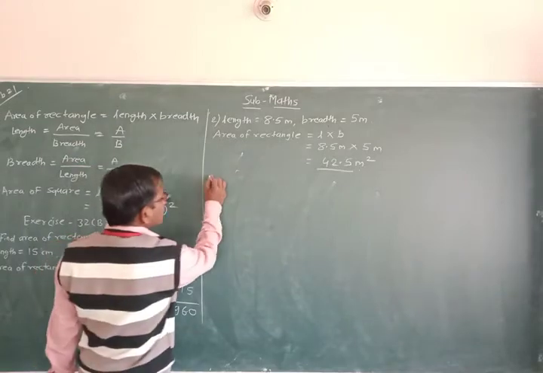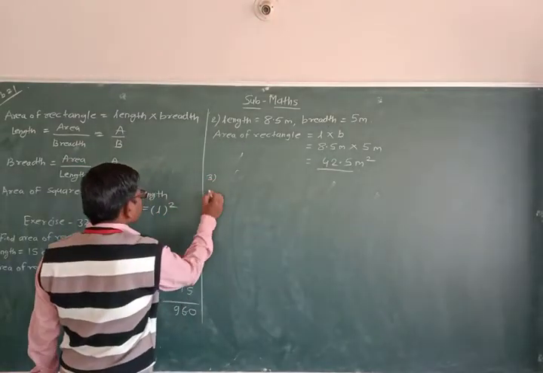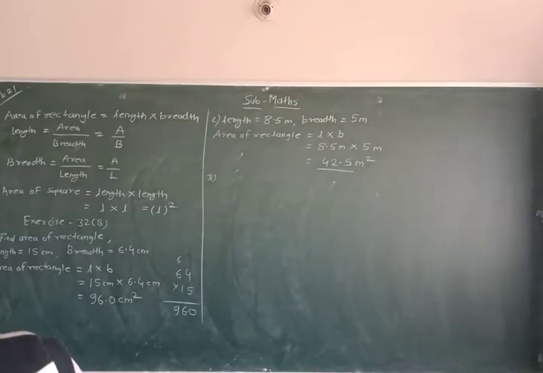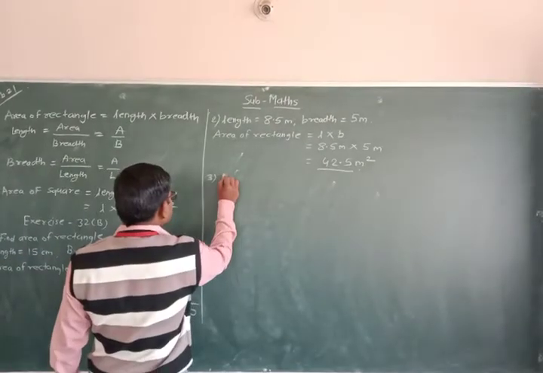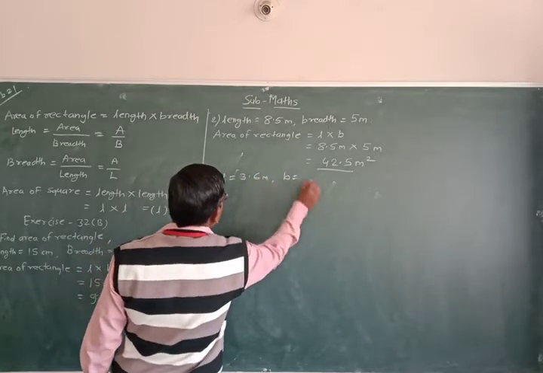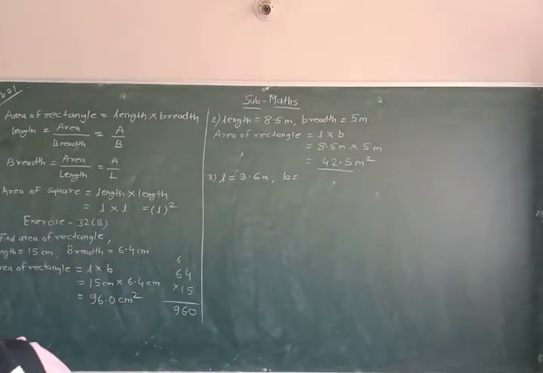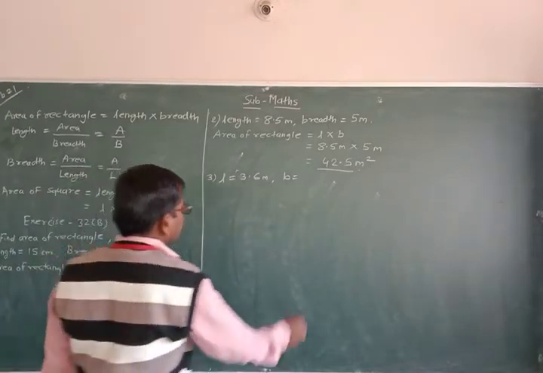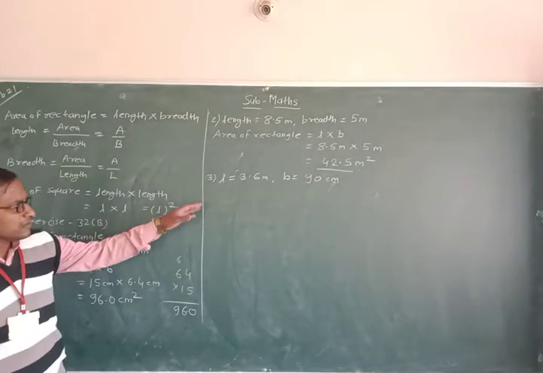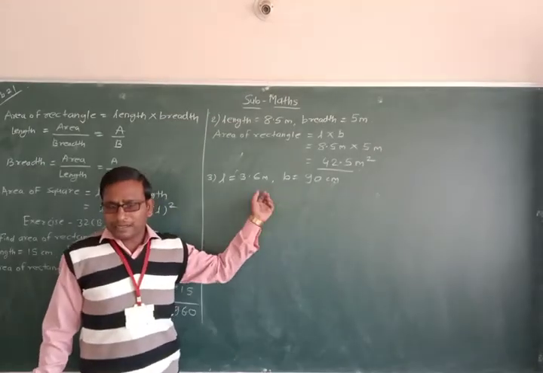Next, the third one. Length is equal to 3.6 meter and breadth is equal to 90 centimeter. Here the two units are not the same, meter and centimeter.